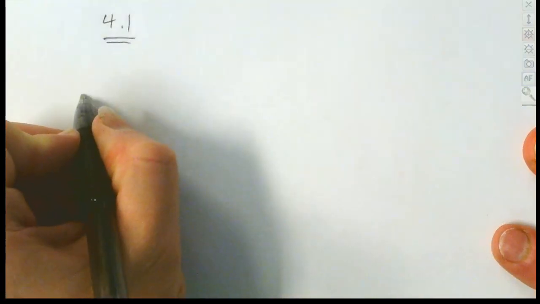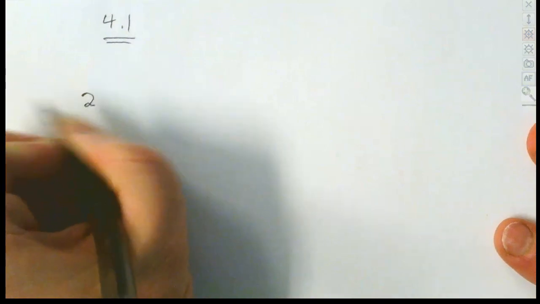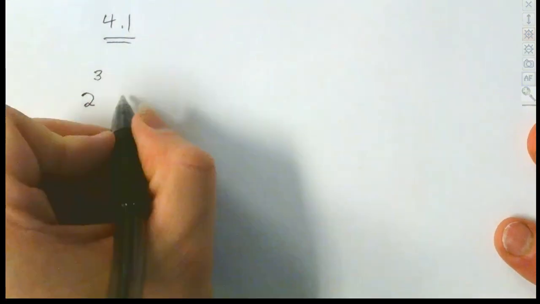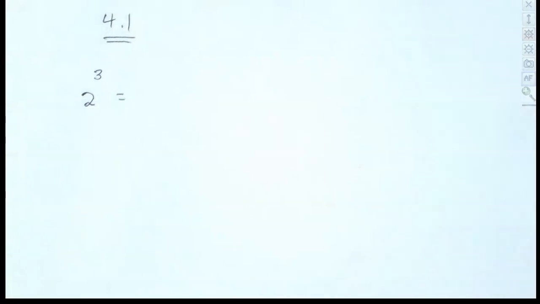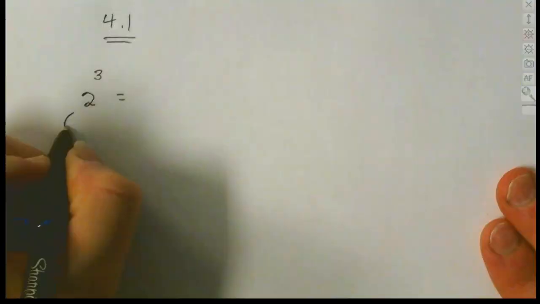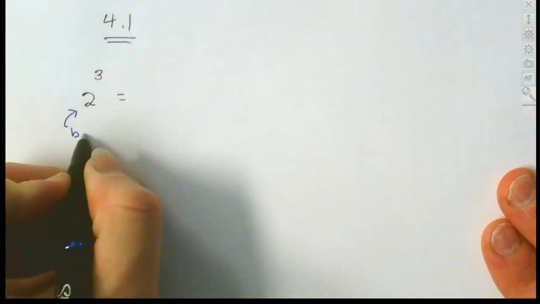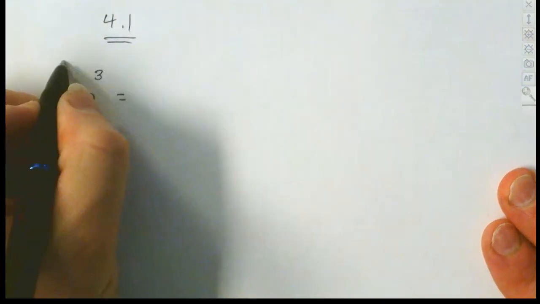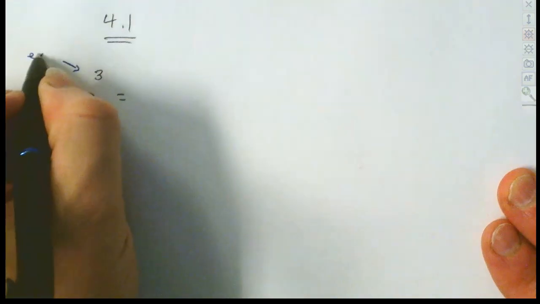So let's look at something that we already know. Let's say 2 to the third power. Well, we know that 2 to the third power has a base and it has an exponent. So the 2 is your base, and the 3 is your exponent.